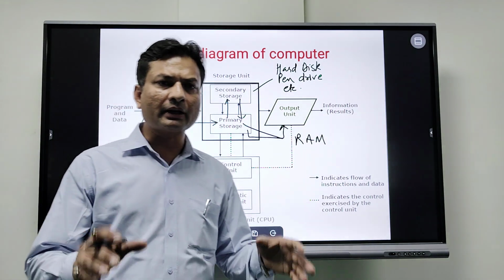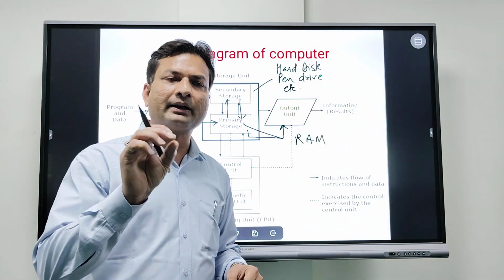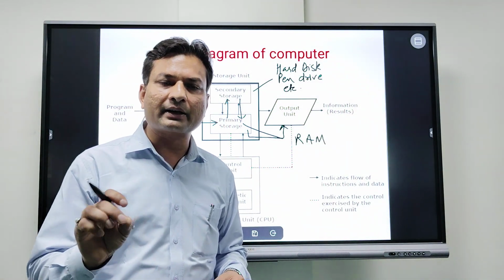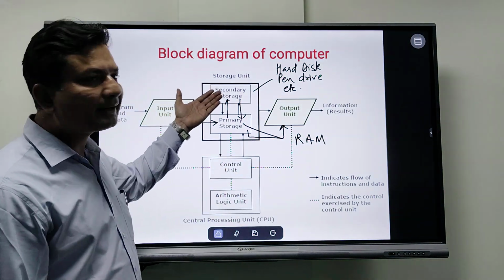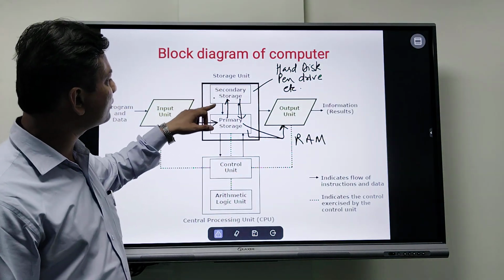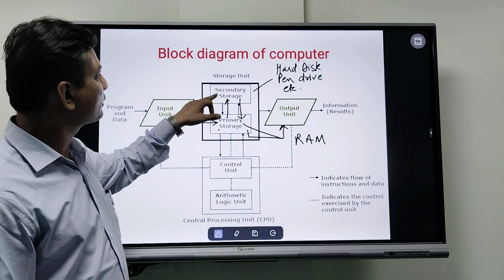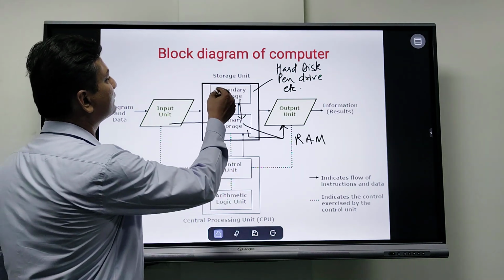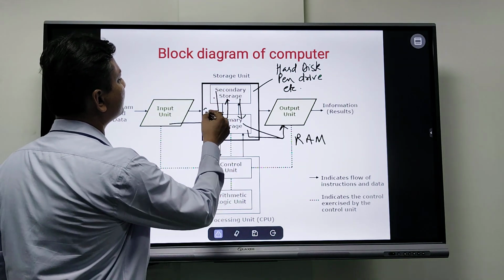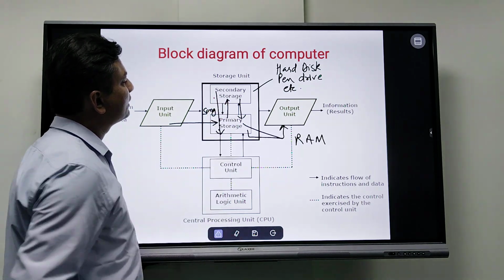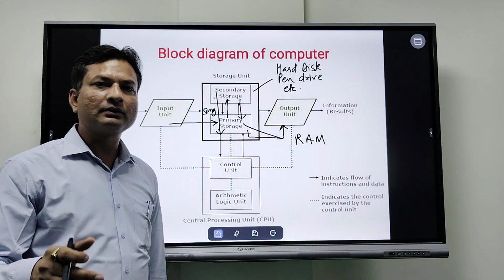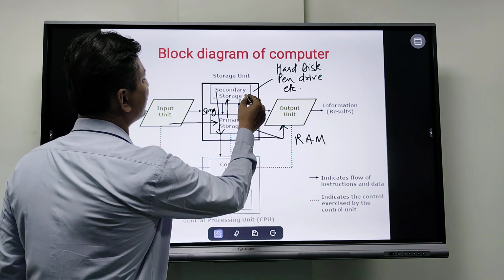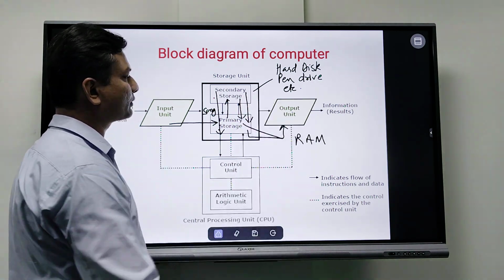Suppose now I want to listen to one song out of those 100 songs. For that I need to retrieve that song from secondary storage to primary storage. Along with that song, the software that will be used to run this song is also loaded from secondary storage to primary storage.